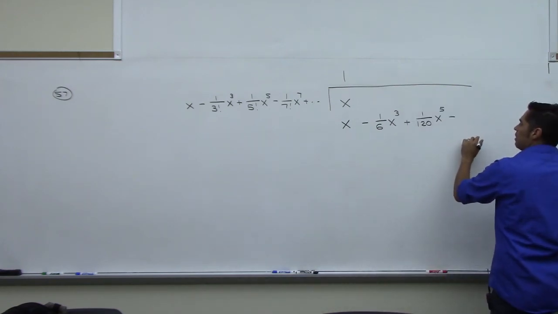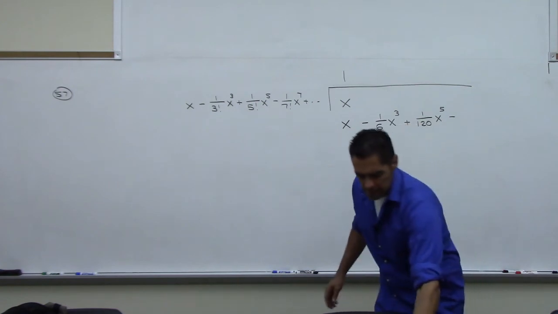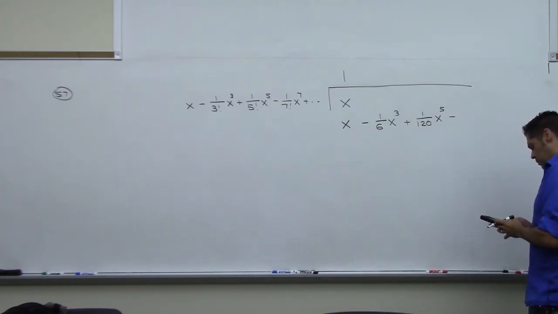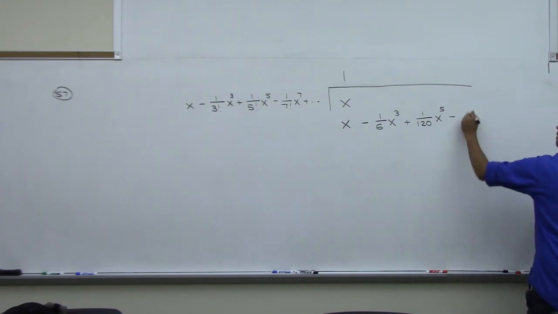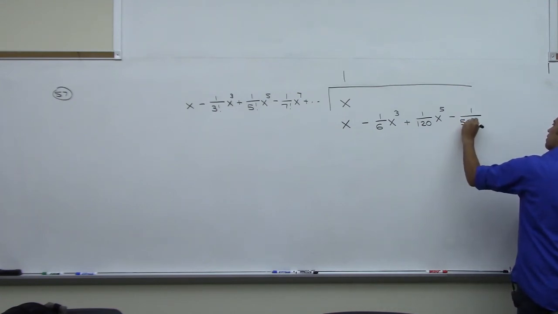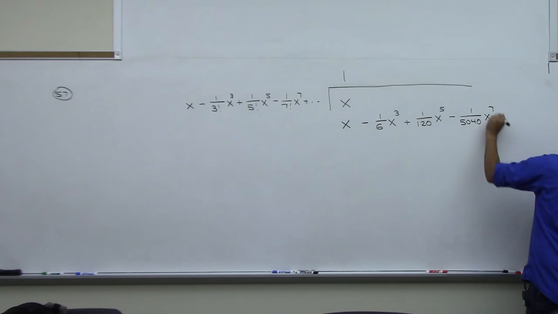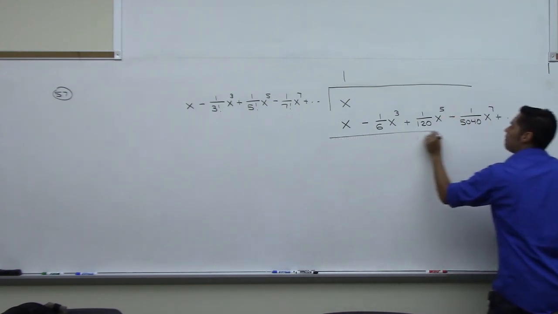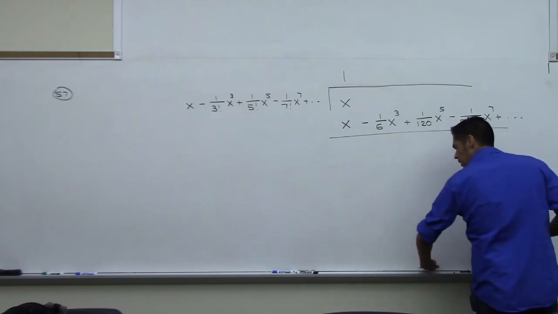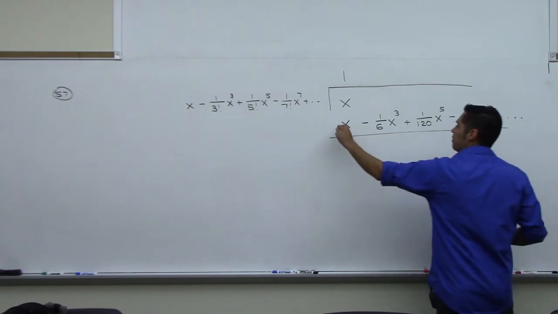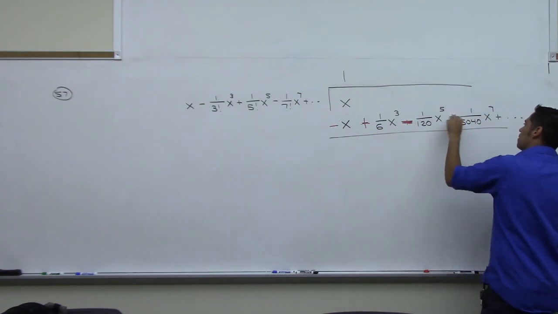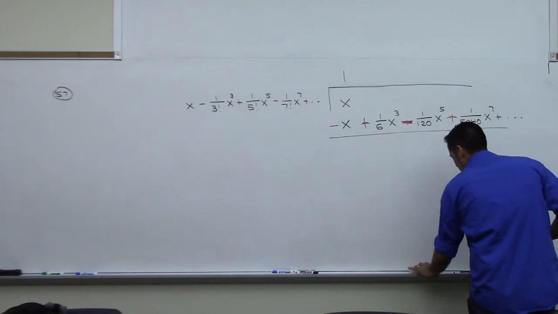So let me do 7 factorial. So 1 over 5040 x to the 7th plus dot, dot, dot. We come through and we subtract this row. When we subtract this row, this becomes minus, this becomes plus, this becomes minus, this becomes plus, and then we add straight down.